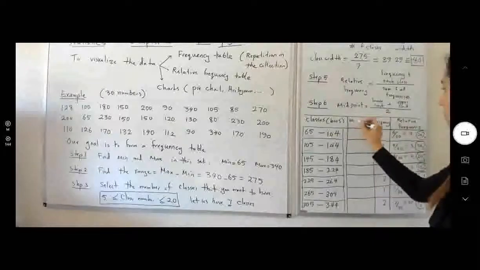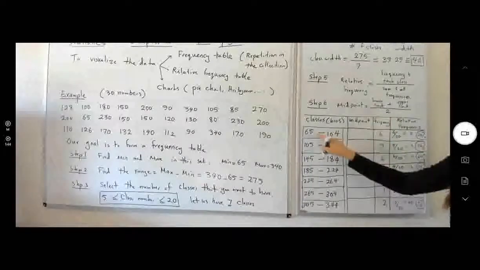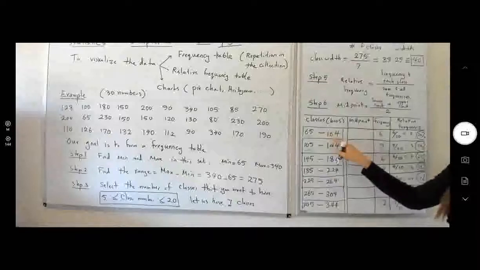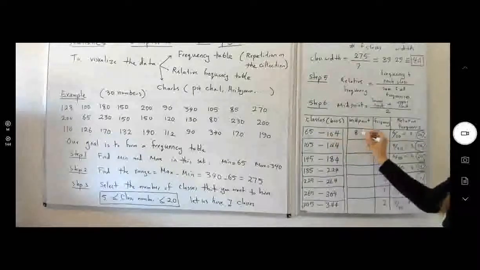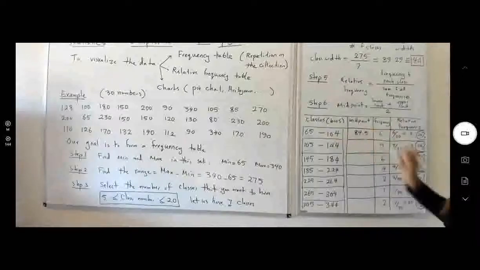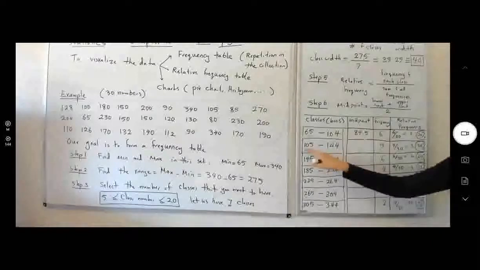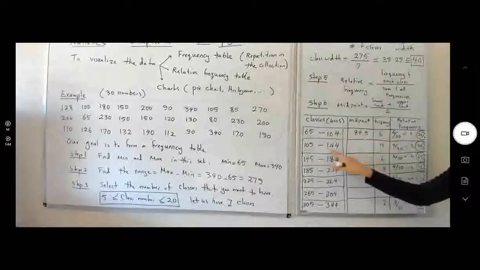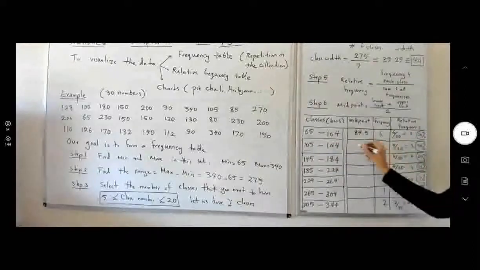Midpoint. So you're going to add 65 and 104 and divide by 2. So the midpoint for the first class is going to be 84.5. For the second class, you're adding 105 and 144. You add them together and you divide by 2.